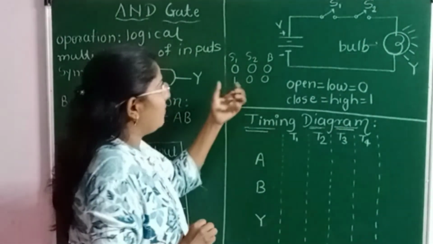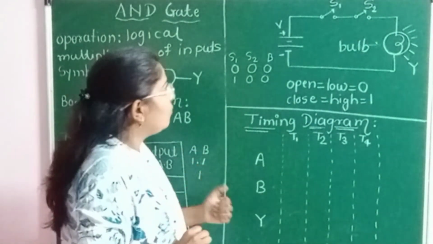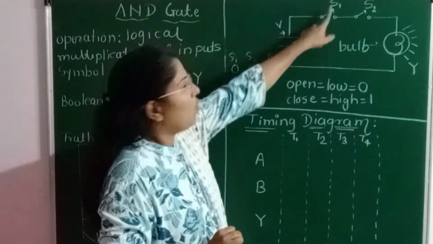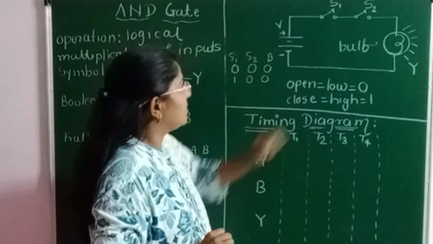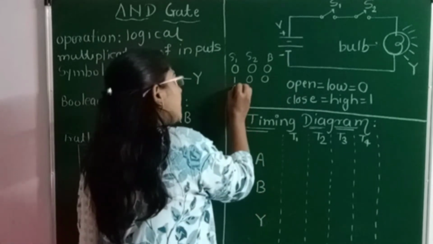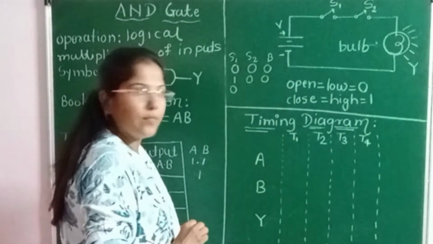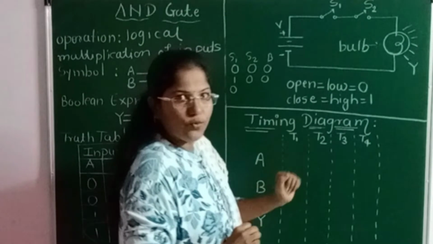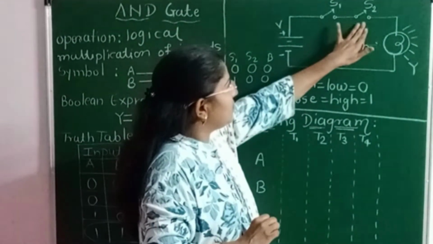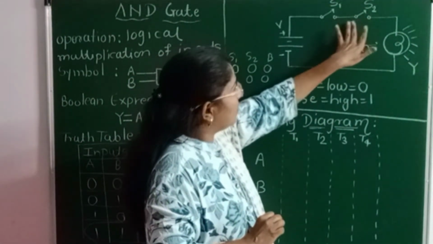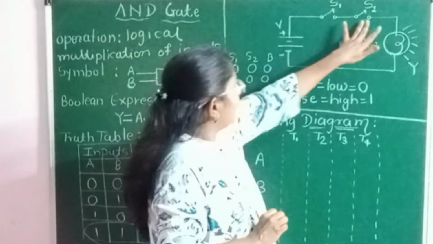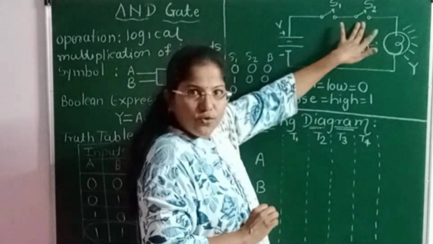Next, I will consider the third combination where S1 is open. So current will not pass. Current will not pass means its value is 0. Now I will close the switch S2. Now as S2 is closed, current can pass through S2, but current is not coming to S2.